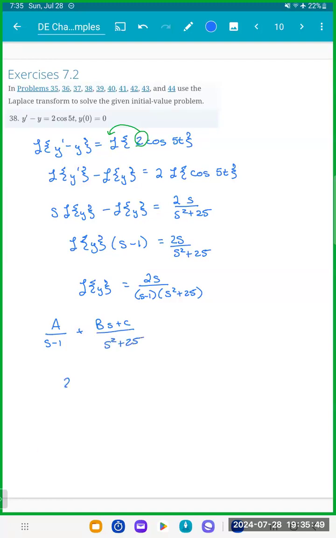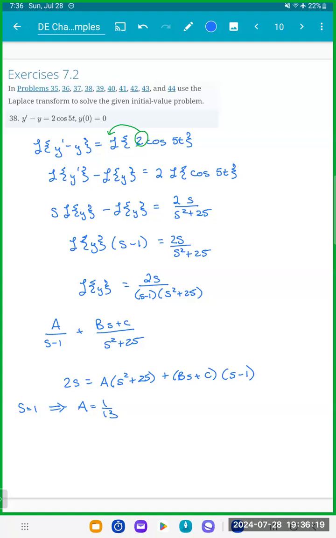So we have 2s is equal to a times s squared plus 25 plus bs plus c times s minus 1. So when we say s is equal to 1, then when we solve that out, a is equal to 1 over 13.